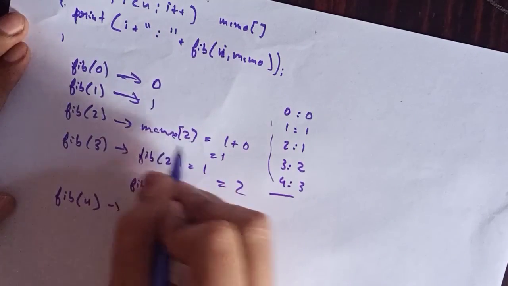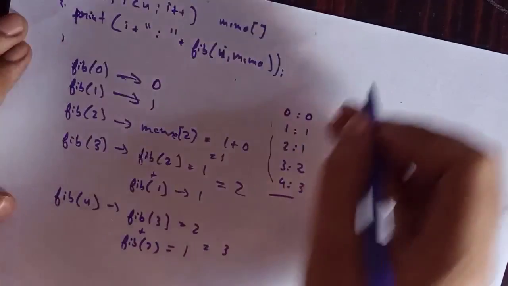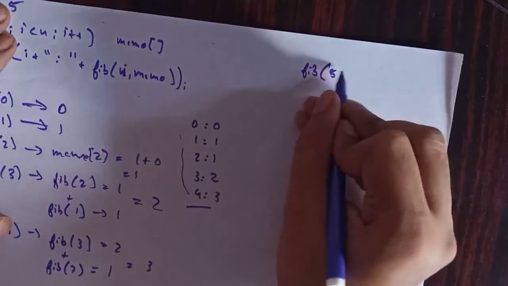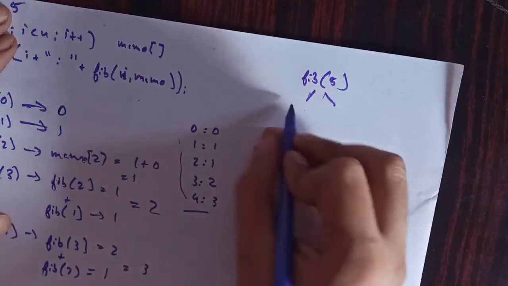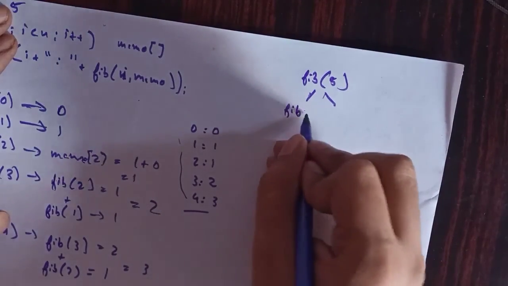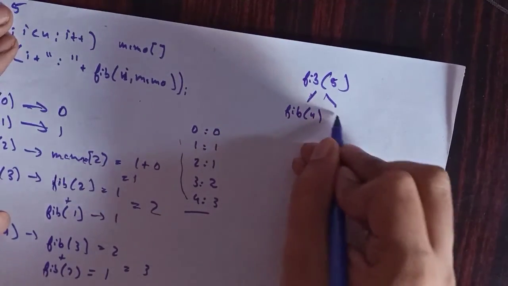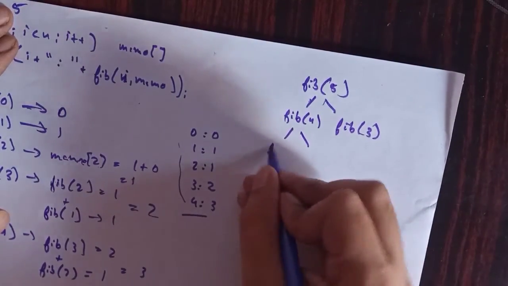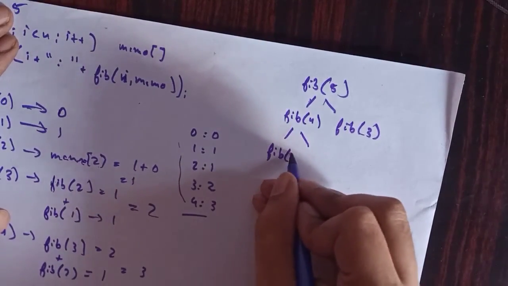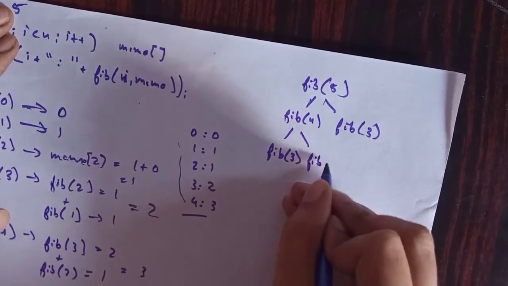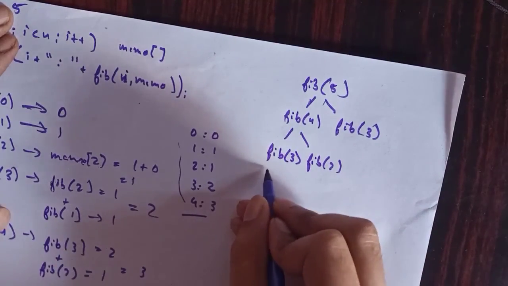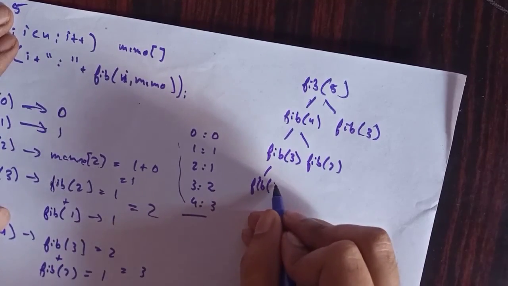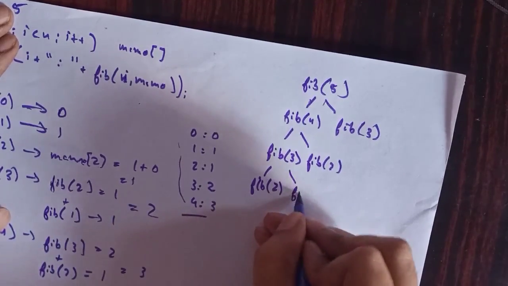Since it executes all the programs easily, let's do it again. Fib of 5, we get fib of 4, fib of 3, fib of 3, fib of 2, fib of 2, fib of 1.